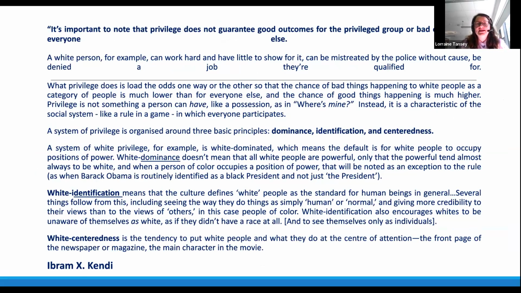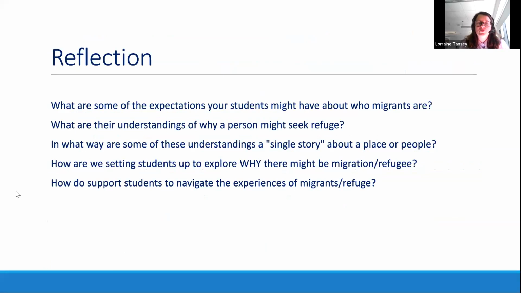But what it does is load the odds one way or another. And so I'm not going to read all of this, we'll give you this, but it's to feel empowered, I suppose, in your classroom environment to bring up white privilege and to explore these reflection questions with your students who might be working with these cohorts.